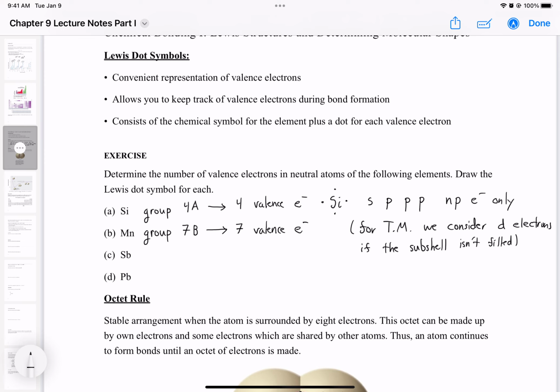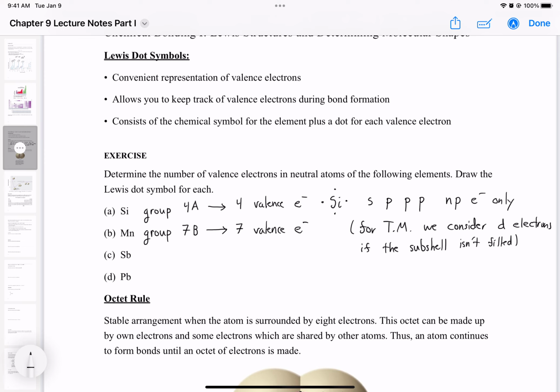For example, when the d orbital gets filled, it's lower in energy than the 4s and 4p. So we don't count them unless they're not filled. For transition metals, we only consider d electrons if the subshell isn't filled, and that's usually only for transition metals because those are the only elements that have an unfilled d shell or f shell.